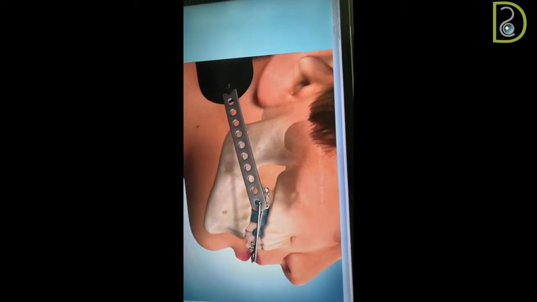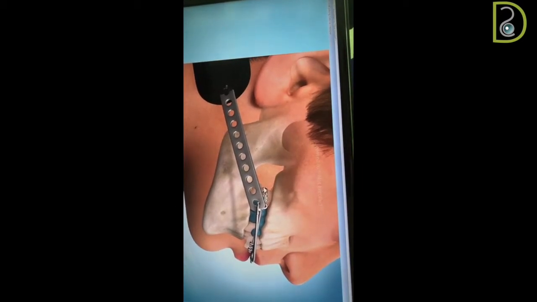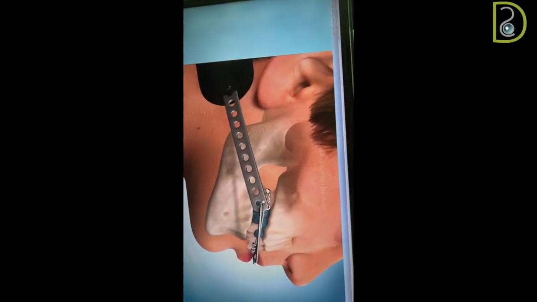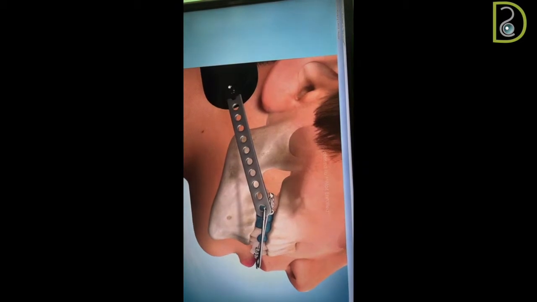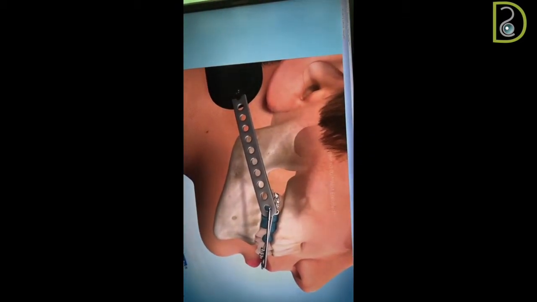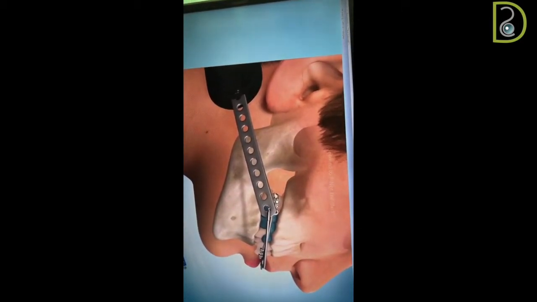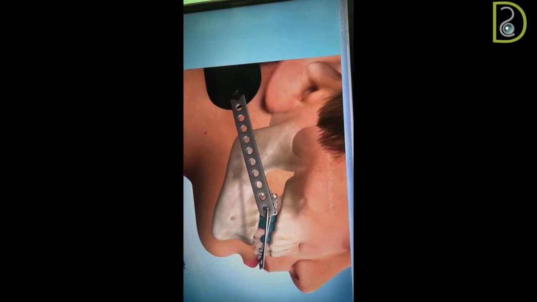Okay, so as you can see, the force is at the first molar, and the force is like that. It's going backward and downward. And what it will do, it will distalize the first molar, and at the same time, as it distalizes, it extrudes downward.